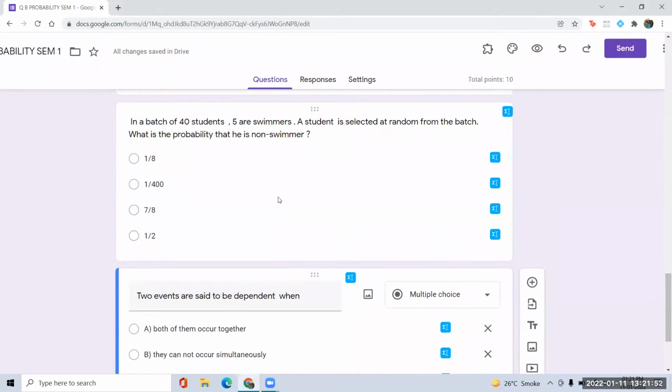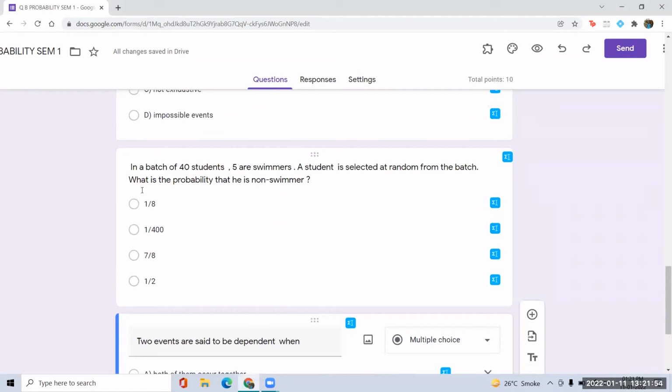Now coming to the question, in a batch of 40 students, 5 are swimmers. A student is selected at random from the batch. What is the probability that he is a non-swimmer? Now, very simple definition I'm using here.